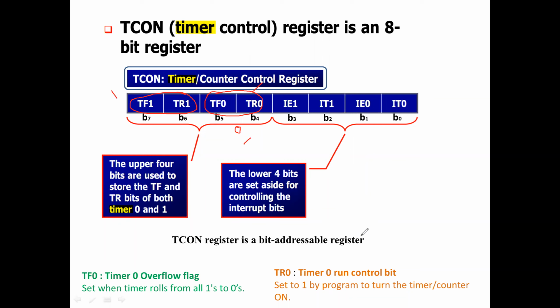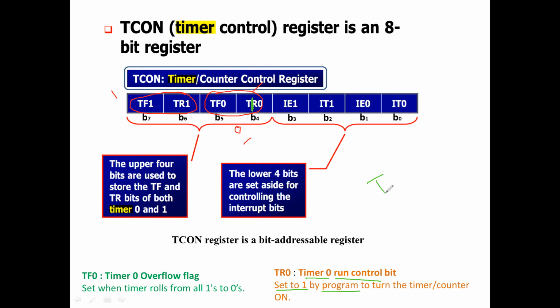In order to run, you have to start your timer. This particular bit has to be set to 1. What is that bit? This particular bit you should set to 1. That is SETB TR0, the timer 0 run bit, set to 1 by the program. We have to program in such a way that we set this particular bit.